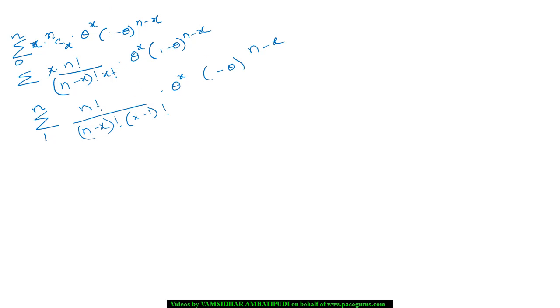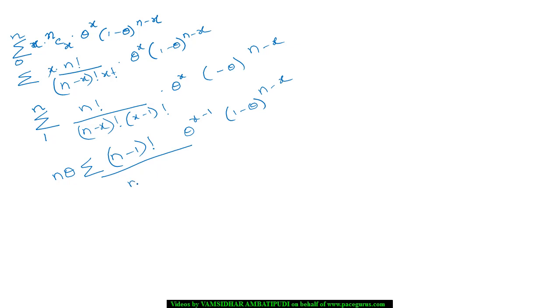Now if I take one n out of this, I will write it as n into n minus 1 factorial. So that's where I am taking out n. So this is becoming n minus 1 factorial. And here also I will take out a theta. So this becomes theta to the power x minus 1, 1 minus theta to the power n minus x.